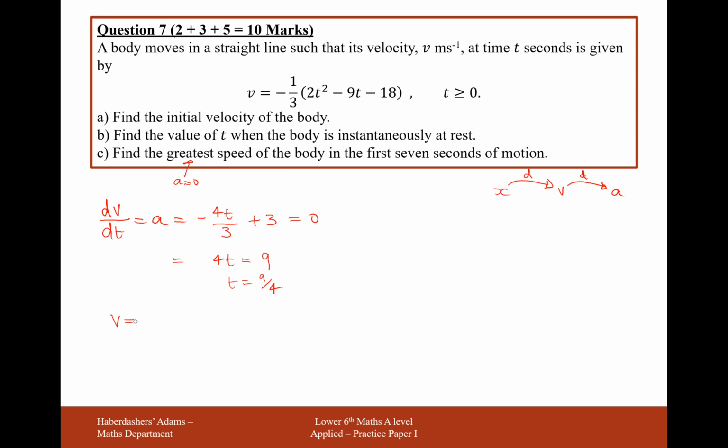So v equals minus a third of 2 times (9 over 4) squared, plugging this back into the velocity function. Here, grab your calculator, and we're going to get probably what we got back here, 75 over 8.